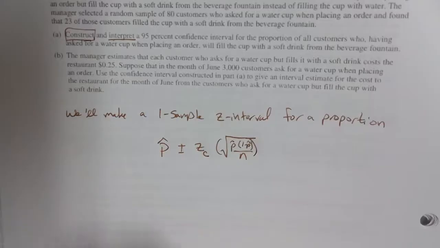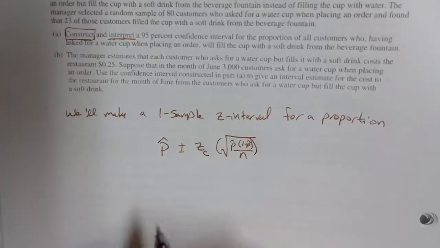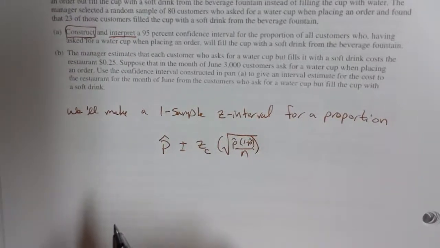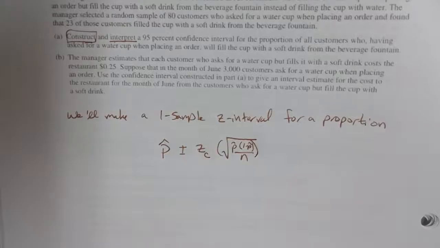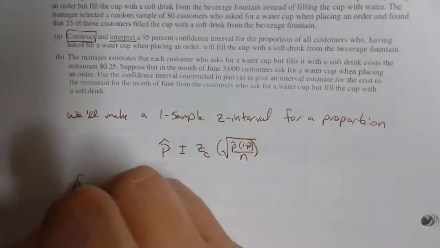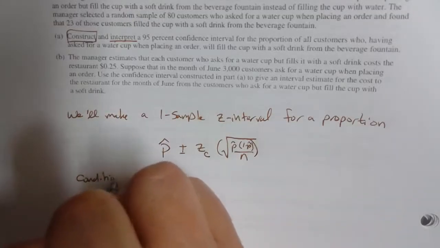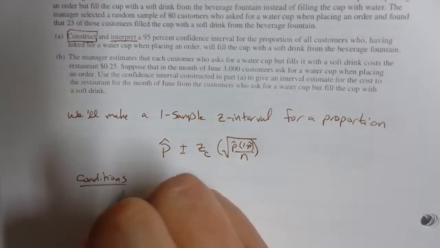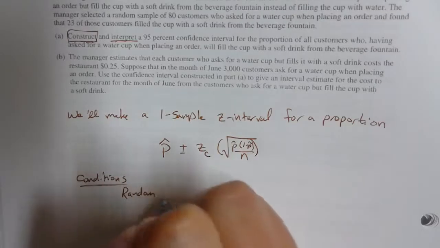So we have to check the conditions for this particular interval as well, and there are really two of them that we need to make sure are met. One that's always going to be a condition when you're checking for appropriateness of using this interval is: was it random? So is this one met?